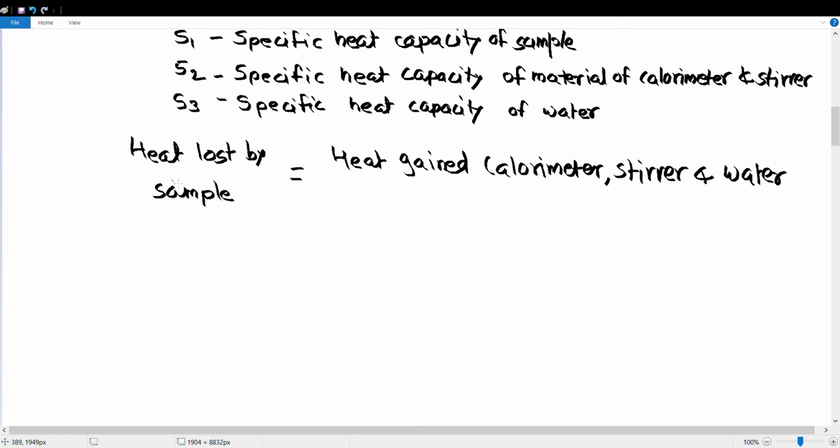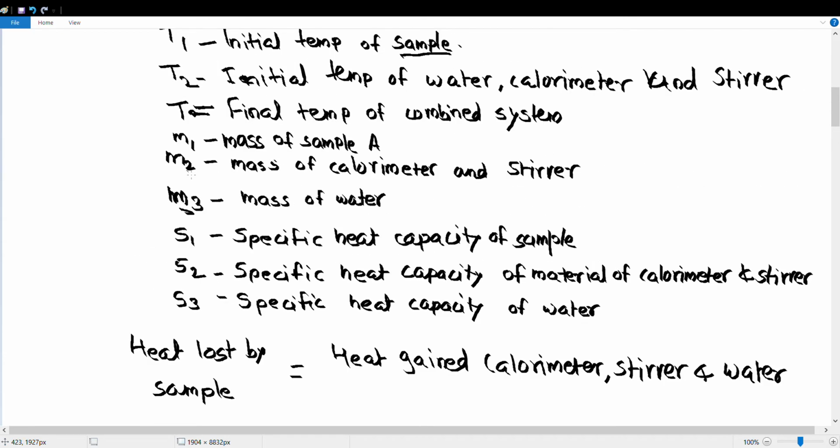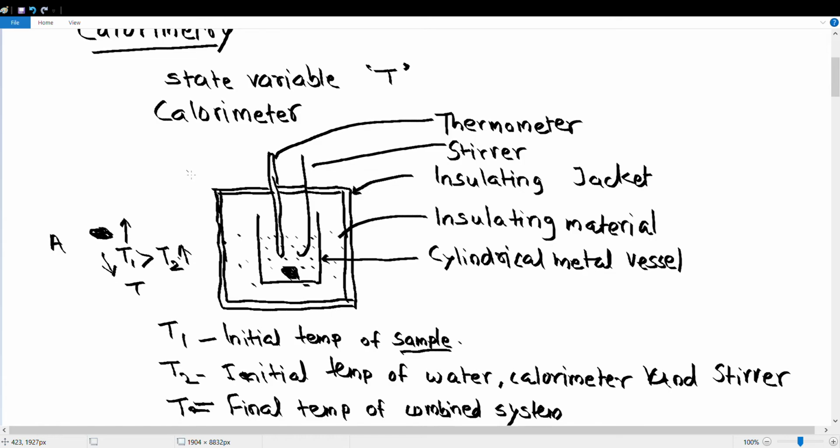And the heat that does not get exchanged with the surrounding, because the calorimeter has the insulating jacket, and this jacket does not allow heat to exchange with the surrounding, so that heat remains there.